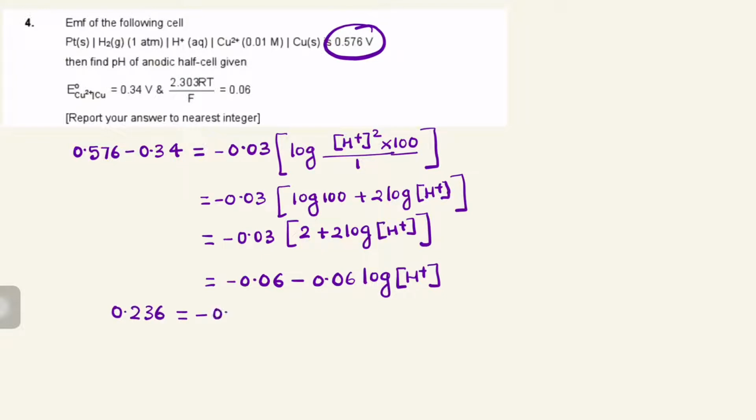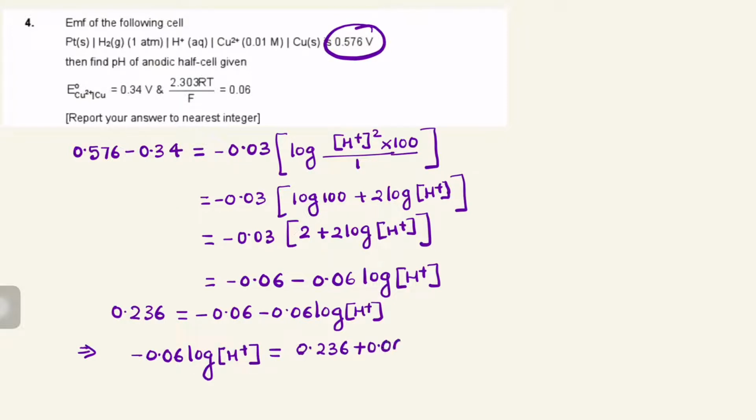That will be equal to minus 0.06 minus 0.06 log H plus. Now, so further we can write minus 0.06 log H plus is equal to 0.236 plus 0.06.